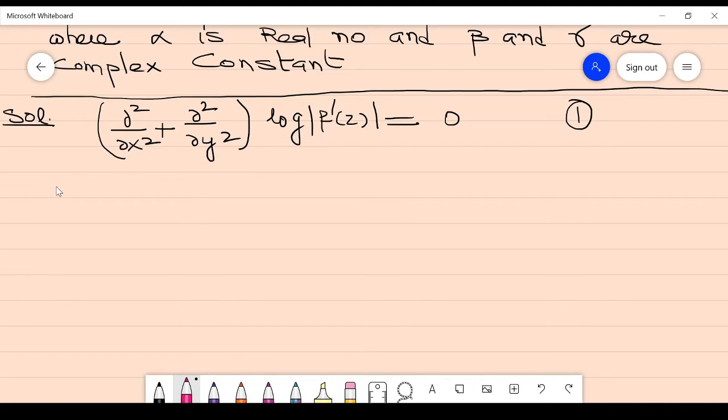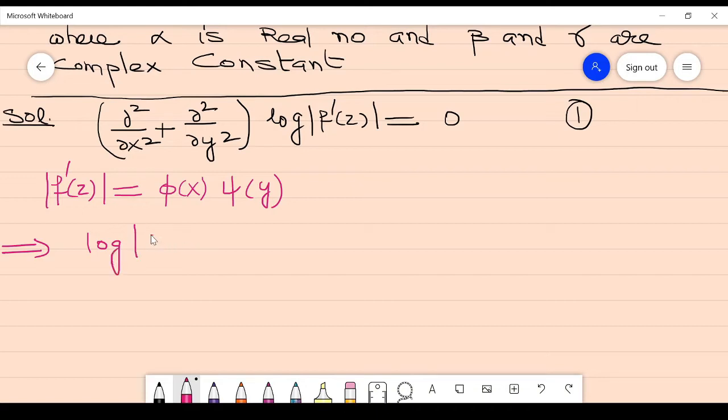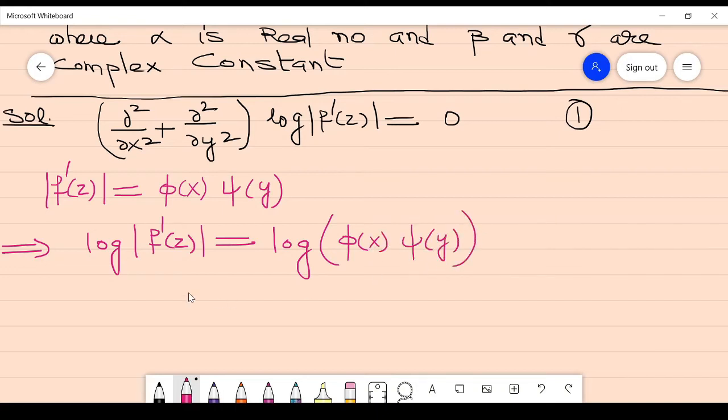Now the given is |f'(z)| equals φ(x) into ψ(y). It implies log of |f'(z)| can be written as log of φ(x) into ψ(y).